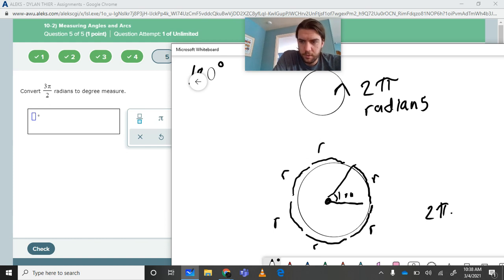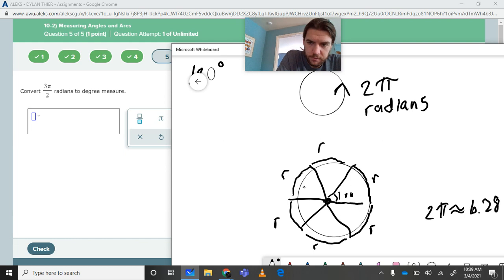We should have approximately 6.28 of these radiuses. Okay, so we should also have 2 pi radians. So the angle measurement, this thing that I'm calling a radian, the angle that produces this length around the edge, there should be 6 and then a little extra fraction of 1 as well.